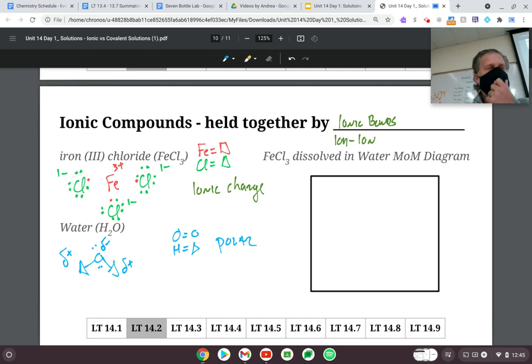So because water is as polar as it is, it can attract the charged ions and separate them out from the solid iron chloride. And so what ends up happening is when you take an ionic compound and you dump it into water, that ionic compound will separate into its individual ions, and those ions will be surrounded by water, which would look something like this.